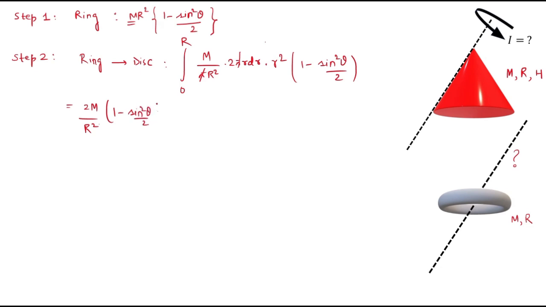This is r cube dr. We all know that very well. That will be r to the 4 by 4. So we get m r square by 2, 1 minus sine square theta divided by 2. Now we are done for a disk. So from this we have moved on to a disk.